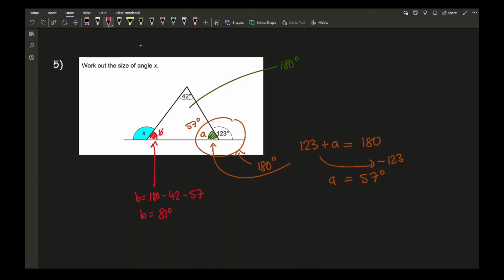So this angle here is 81. Now again, because I know the rule of angles on a straight line add up to 180, I can then work out that x plus 81 equals 180. Take away 81, so I've got x equals 99 degrees.